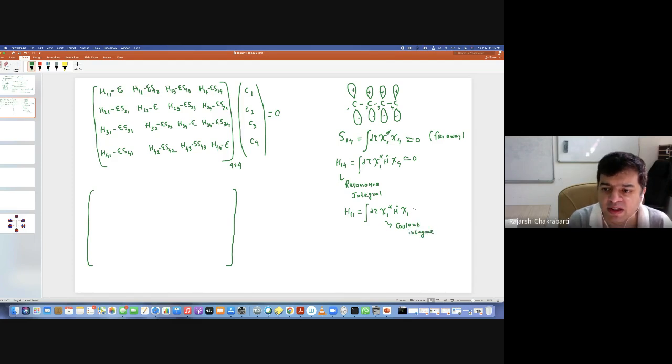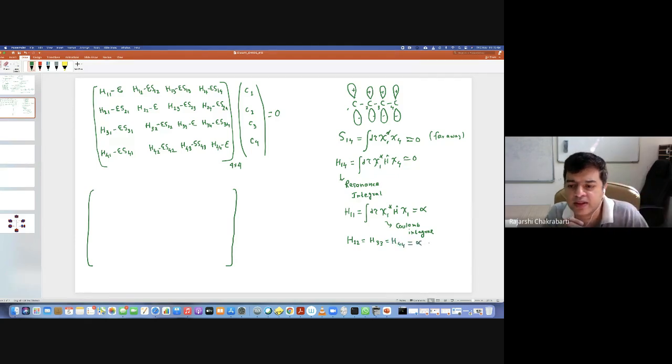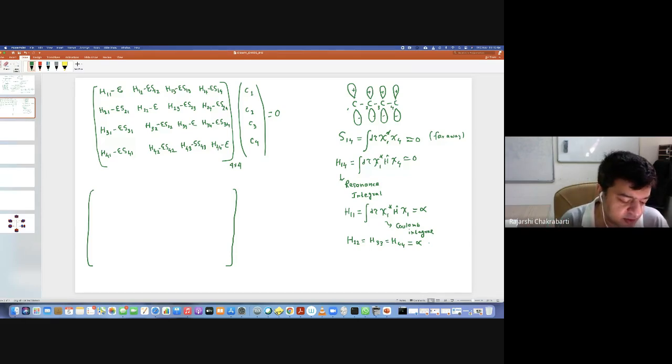I assume this to be equal to something I'm calling alpha. And Huckel assumed that all the Coulomb integrals, H22, H33, H44, are all equal, and they are equal to alpha. These are Coulomb integrals.